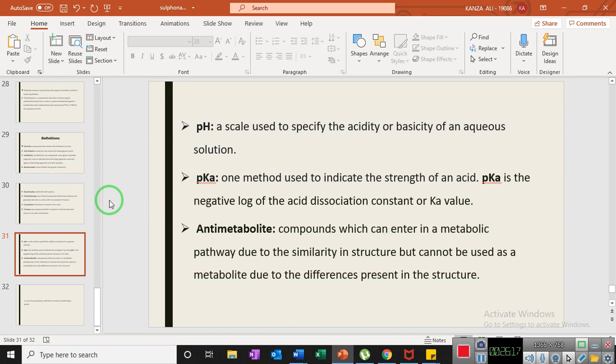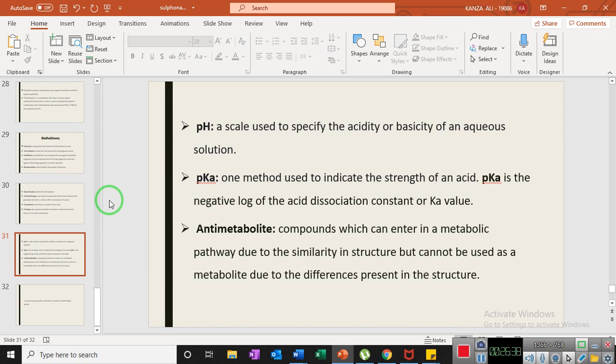A lower pK value indicates a stronger acid. The lower pK value indicates a stronger acid.